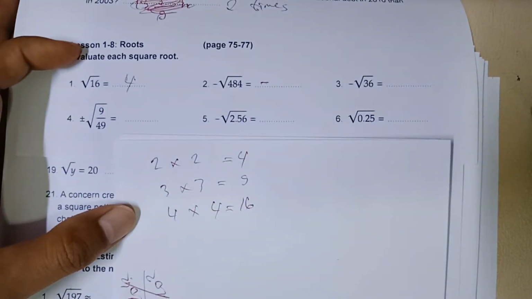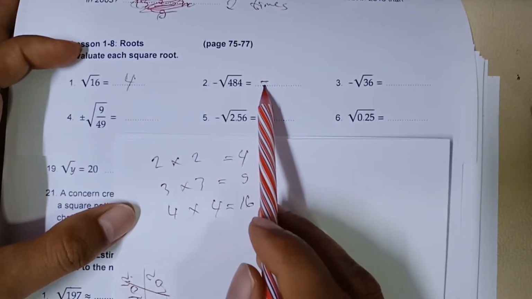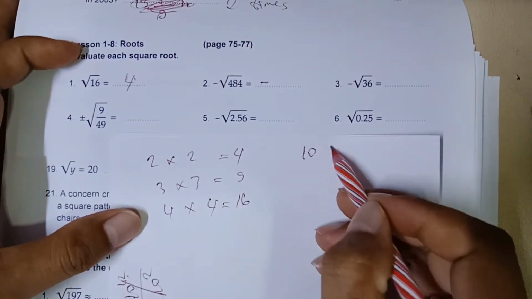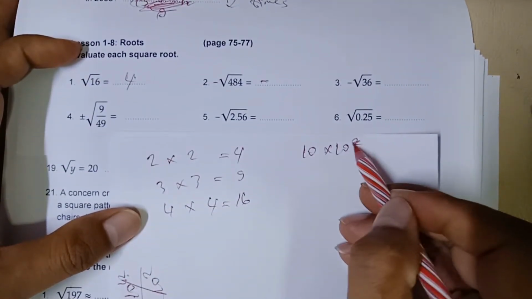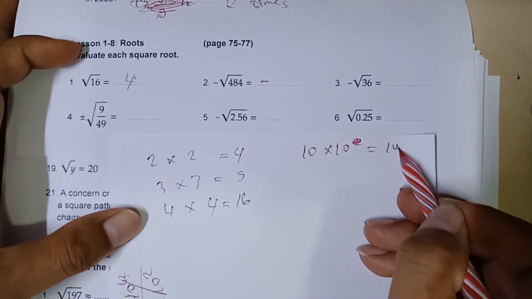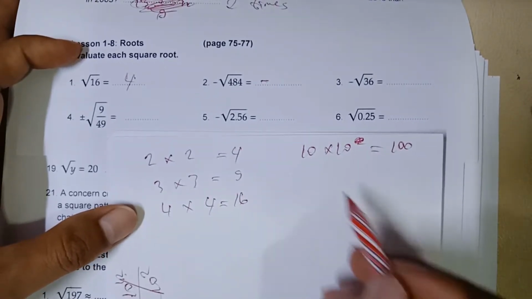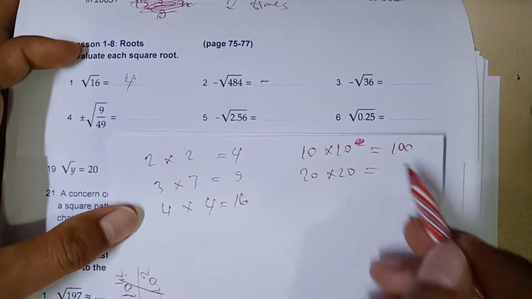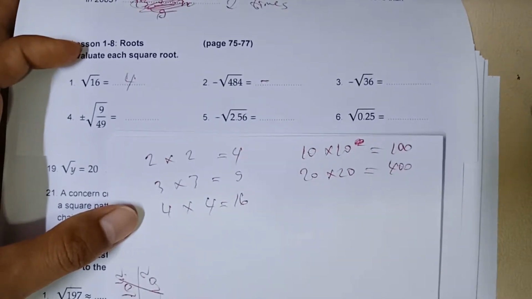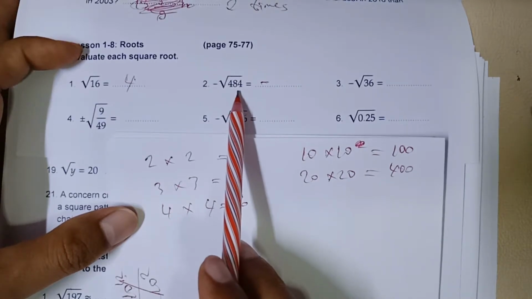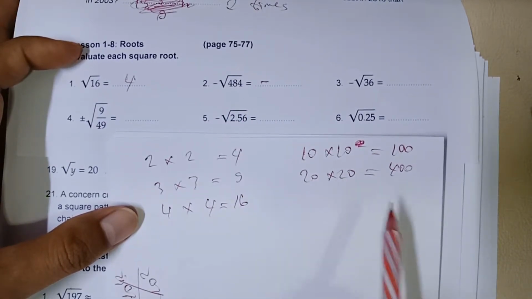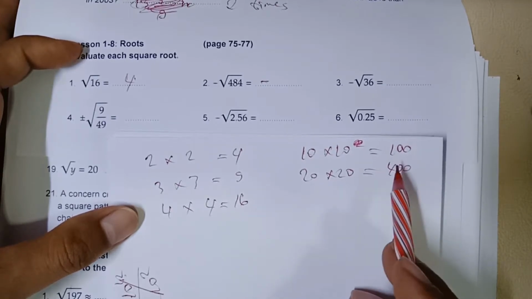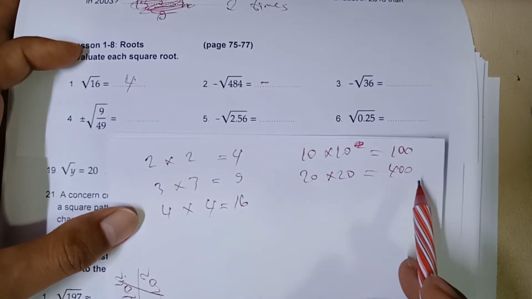Now, number 2, write down the negative first. This is up to 400. Think this way with me. 10 times 10, or 10 squared, is 100. 20 times 20, or 20 squared, gives you 400. So this number is 20 something, 21, 22, 23.